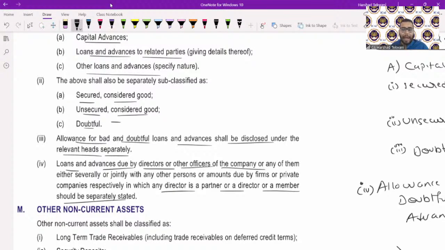Clear? I need to provide separate details for that reason, because it will enhance the understanding of the stakeholders. What we are talking about is to which director or officer the company has provided loans and advances. Clear? Any doubt?